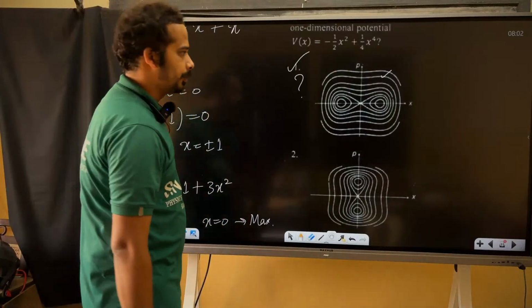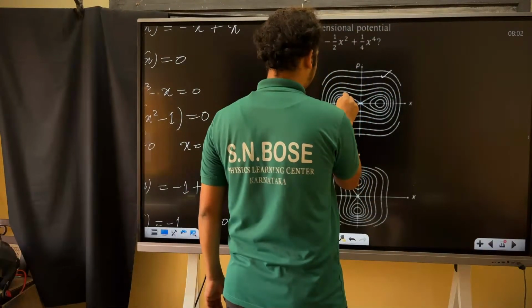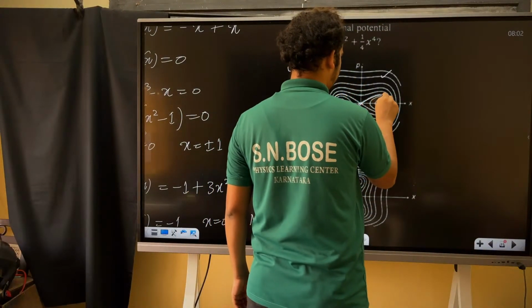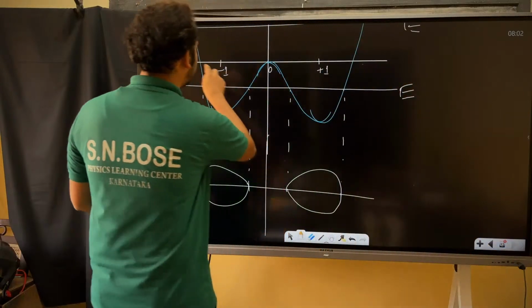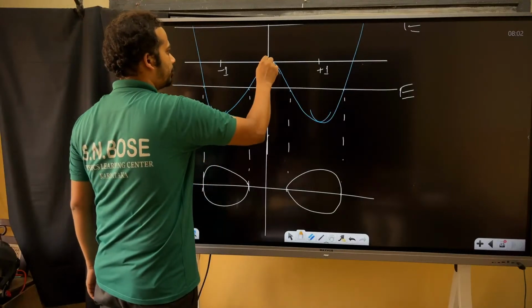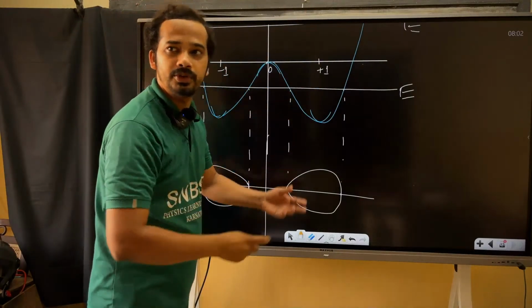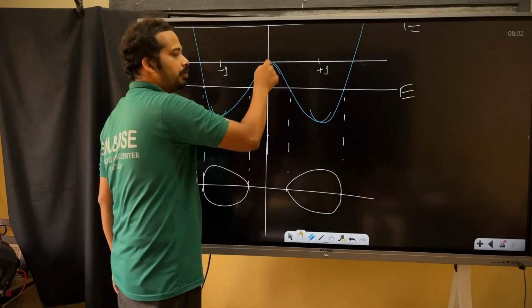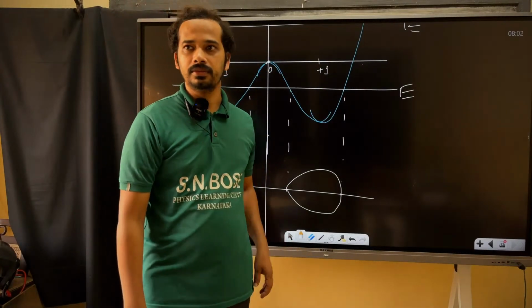And this curve, whatever he has drawn, will come when energy is exactly equal to 0 actually. So it can come up to this point, it can go here or it can move back here. Both options will be there, because when it comes to this point, its force is 0. Kinetic energy is also 0.